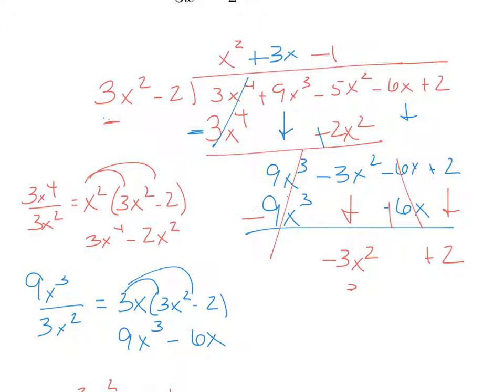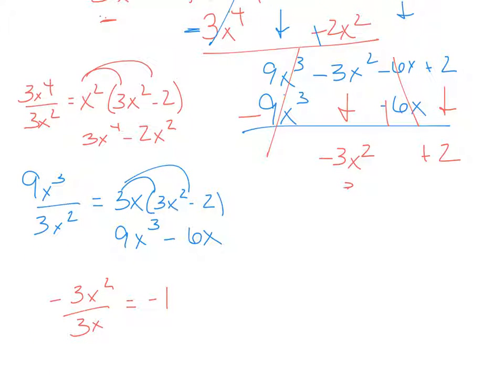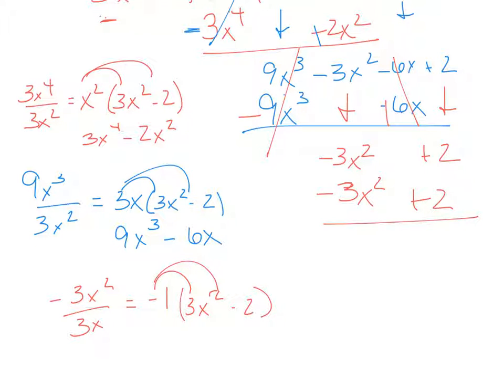And I'm going to multiply that negative 1 by 3x squared minus 2. When I do that, I end up getting negative 3x squared plus 2. Again, I'm going to subtract, so change both signs. Those both cancel, so you have a remainder of 0.